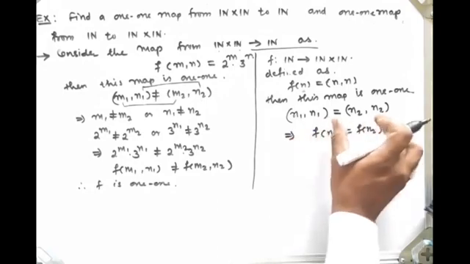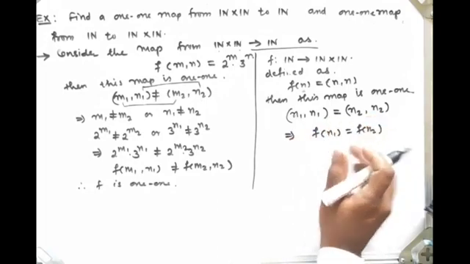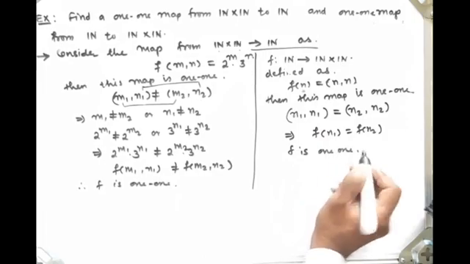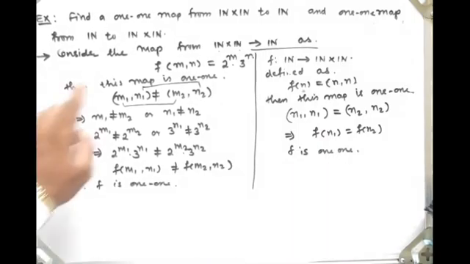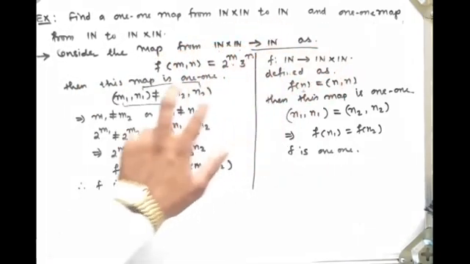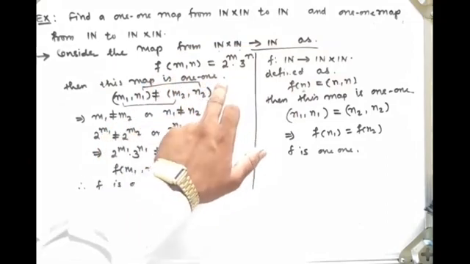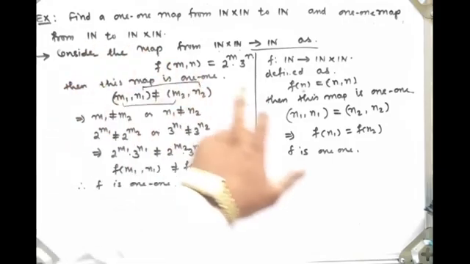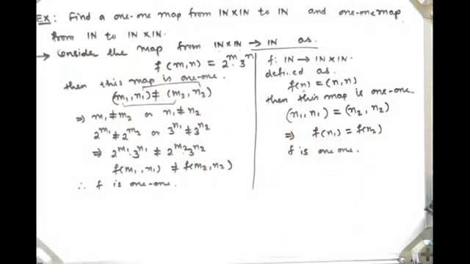If two values are equal, then we say that the function is 1-1, therefore f is 1-1. So this is the map defined from N cross N to natural numbers by f of (m, n) equal to 2 raised to m 3 raised to n, and from N to N cross N, f of n is equal to (n, n).